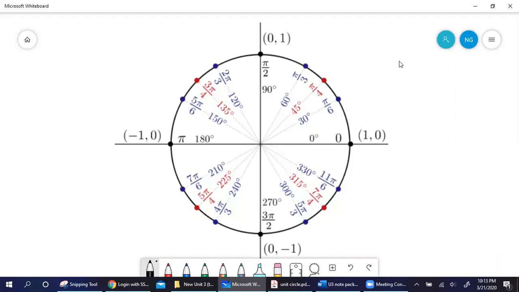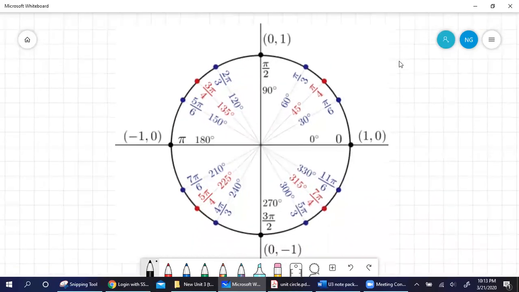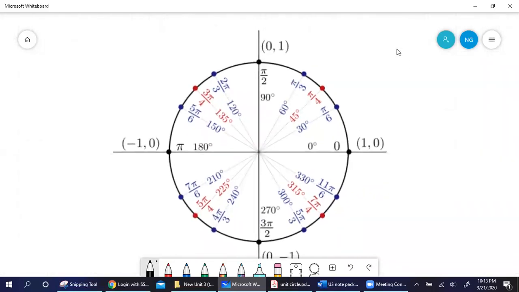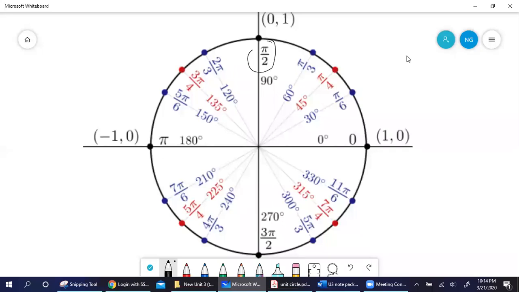So now let's look at the 30 degrees. And remember, the 60 is just an increment of 30. Let's go back to the idea of pi over 2. So from pi over 2, that's 90 degrees again. To go from 90 down to 30 degrees, I'd have to divide by 3.